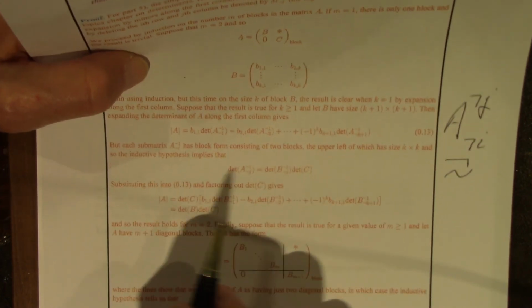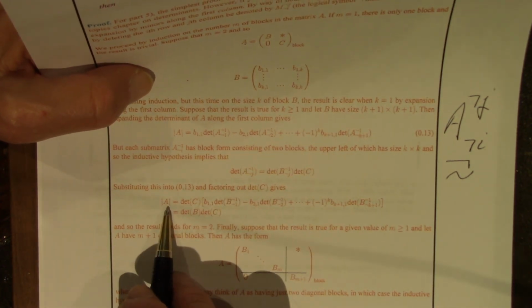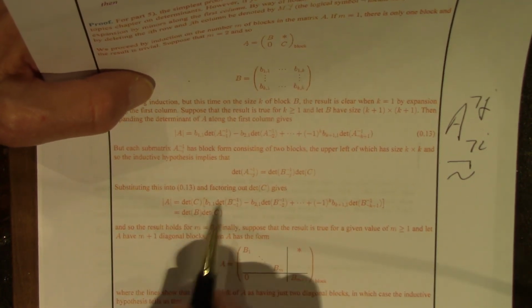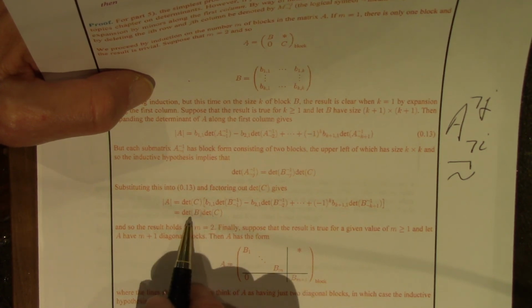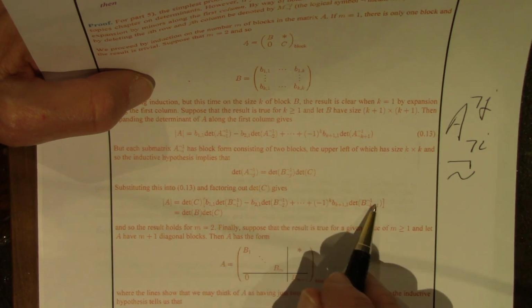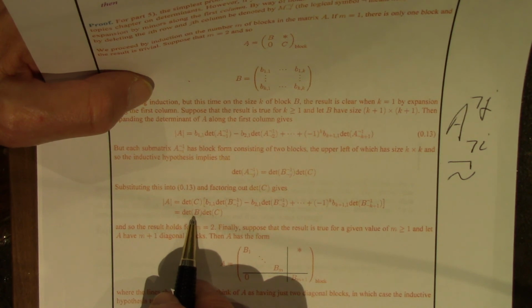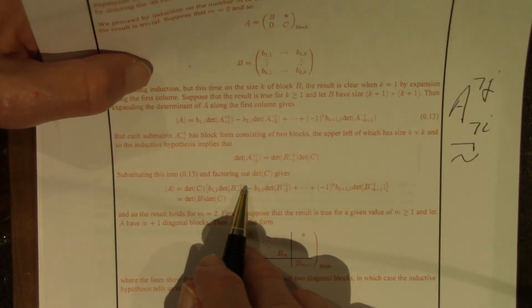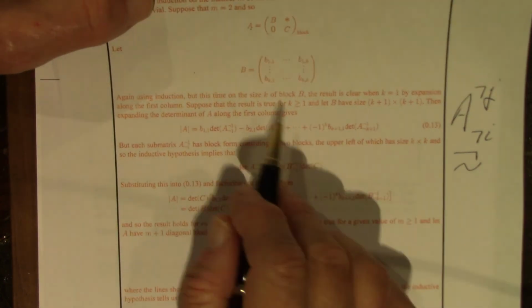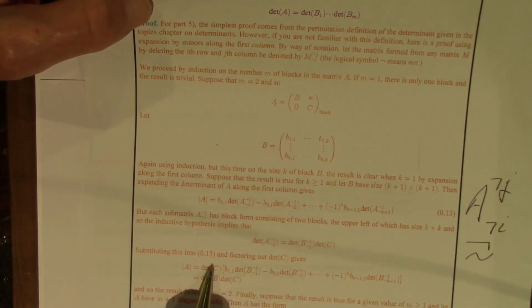So this can be substituted into this expression. Determinant of A then looks like this, and determinant of C comes out, and this sum, I should say, is the determinant of B. And so that completes this inner induction and shows that this formula holds when M equals 2.